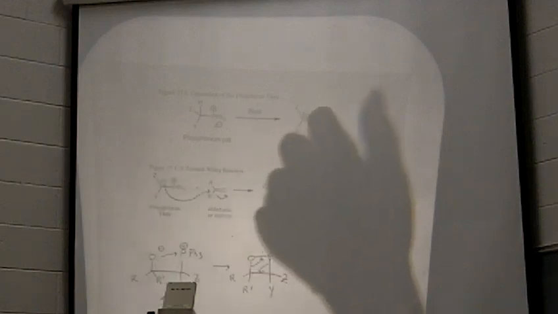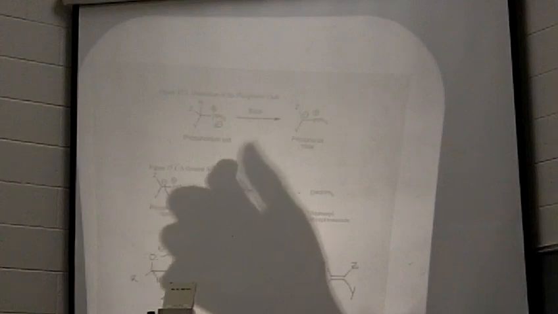Okay, so it's going to be like the Grignard reaction, where that carbon of the carbonyl is susceptible to a nucleophile attacking it. Okay, so our nucleophile is going to be from our ylid, that carbon will attack our carbonyl, and eventually what we will form is an alkene, and then a byproduct of this reaction is triphenylphosphine oxide.